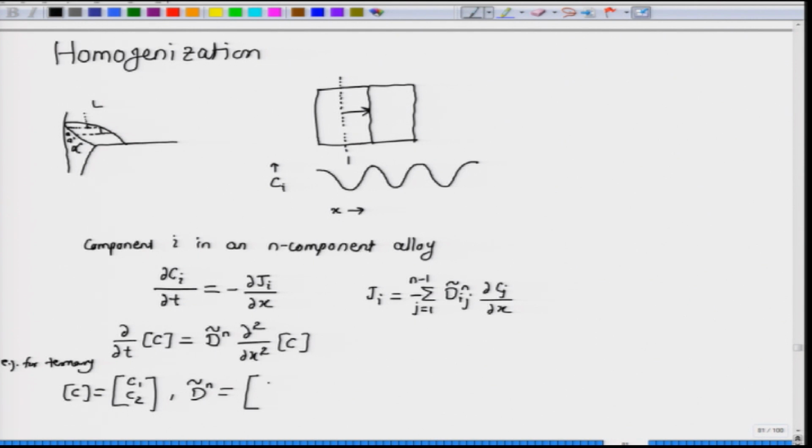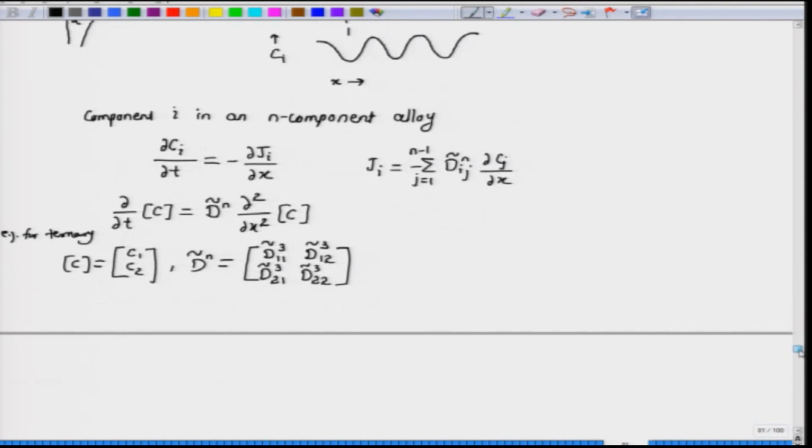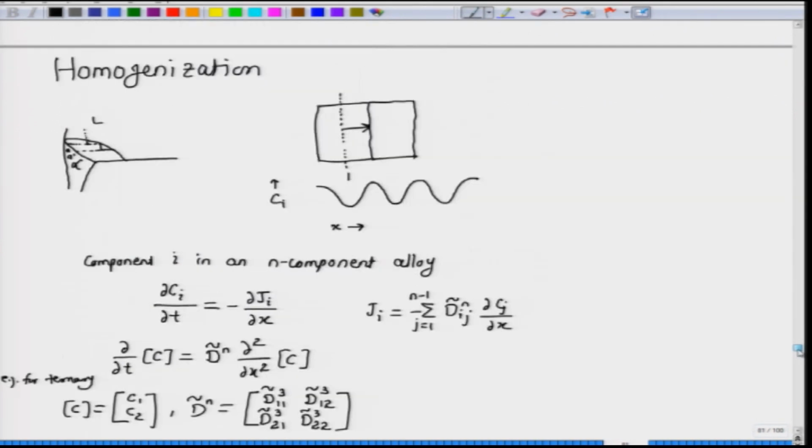So, we have a 2 by 2 matrix. So, this is the diffusion equation that we need to solve, and what are the boundary conditions? The initial condition is here.